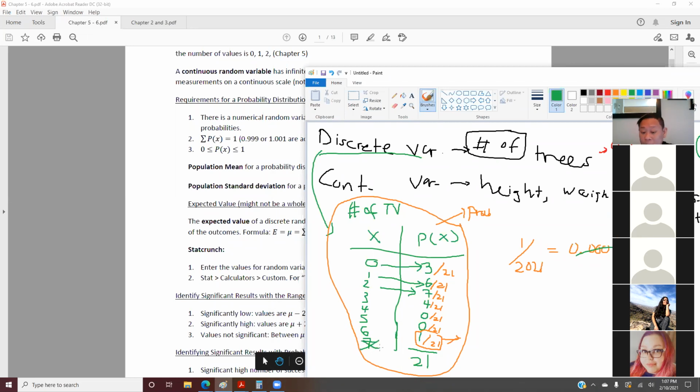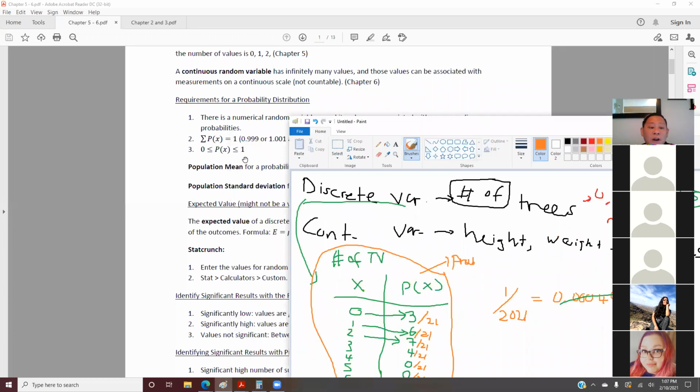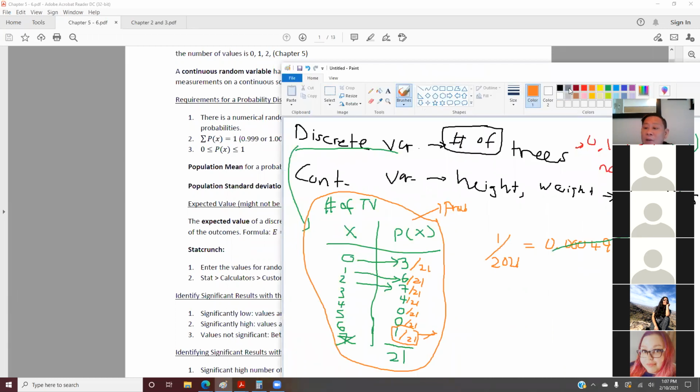That's no good. Okay, so that's the first requirement. The second requirement is that the summation of the probability has to be equal to 1. So you take all these probabilities, and if you add every one of them, your summation has to come out to exactly 1.